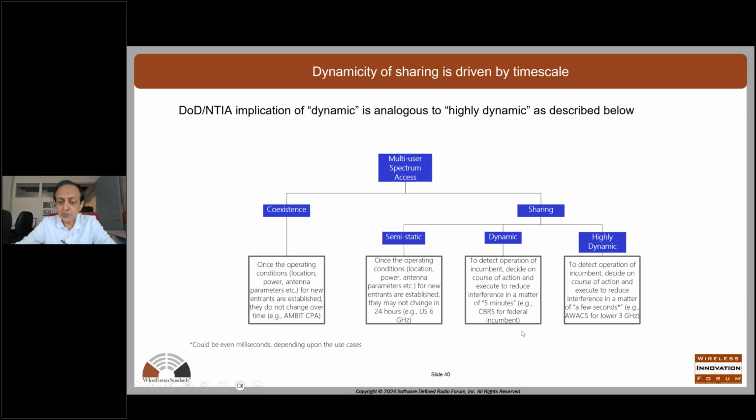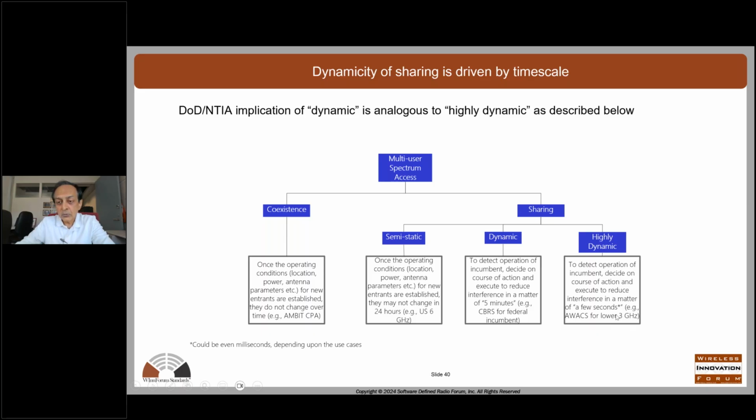But as we go to the 3.1 to 3.45, and we saw the mobility aspects, at least one of the main differences is going to be in the time scale. You not only have to detect the operation and execute to reduce interference in a few seconds, and could be even less, but we do not know at this moment what the requirements are.